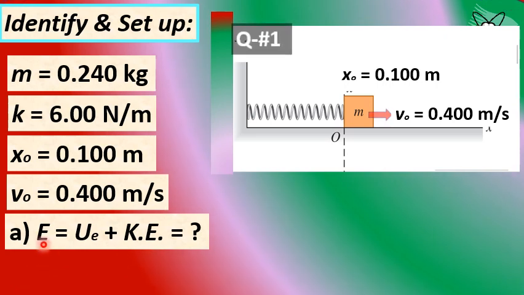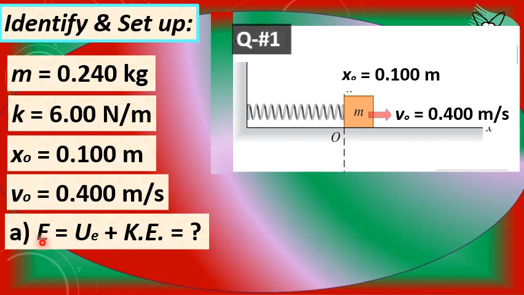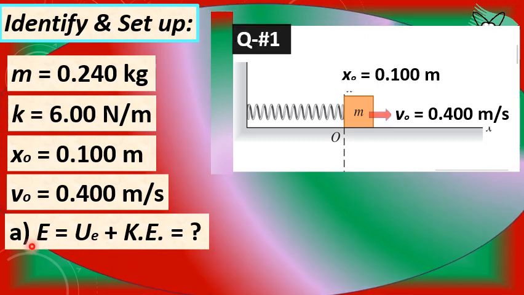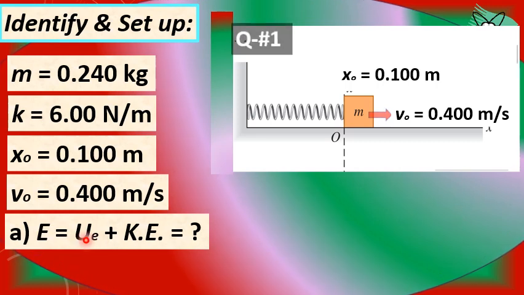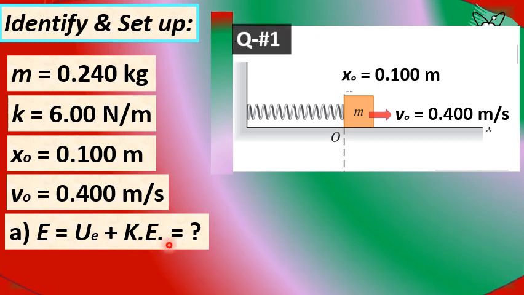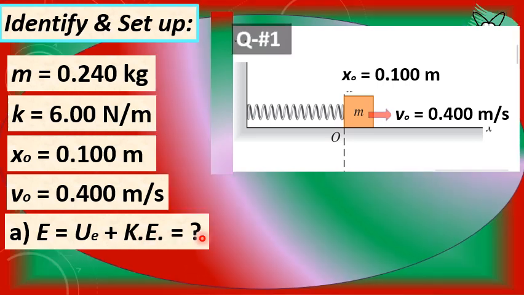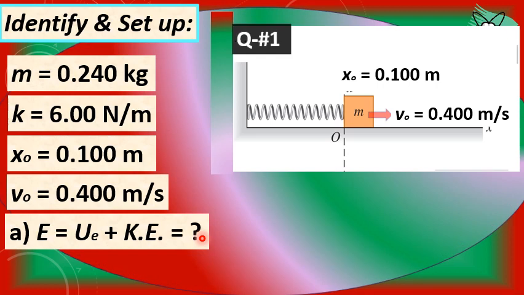The total mechanical energy of the system is denoted here by capital E, while the elastic potential energy is denoted by capital U sub E, and of course, KE refers to the kinetic energy of the glider.